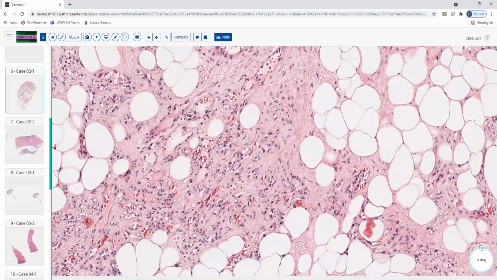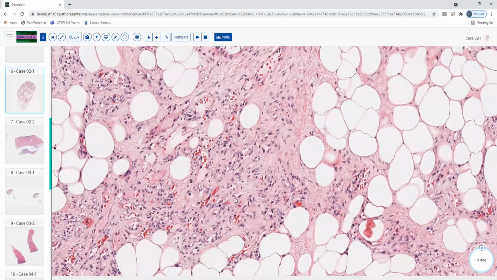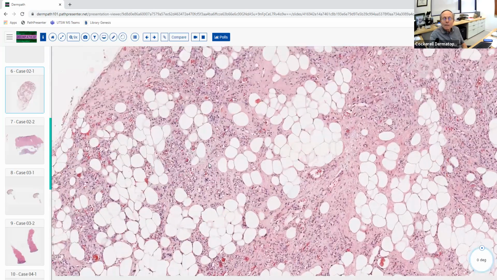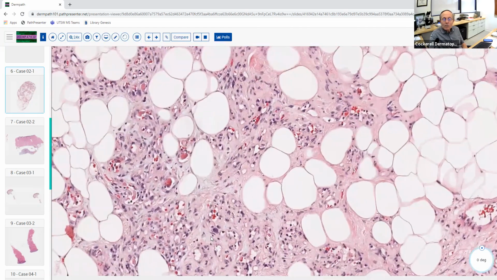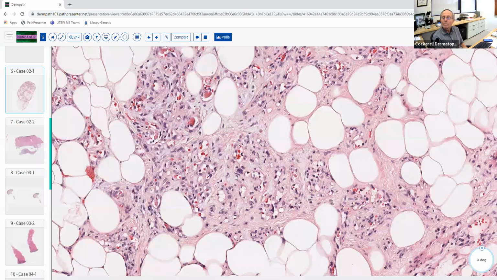Good, they're capillaries. They almost look like they're forming a lobular capillary proliferation. Lobular capillary proliferation, plus fat. So what's the diagnosis? I want to attempt angiolipoma. Yeah, angiolipoma, good. It's classic for angiolipoma.